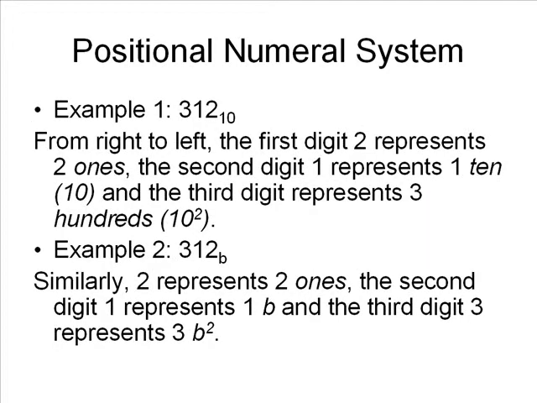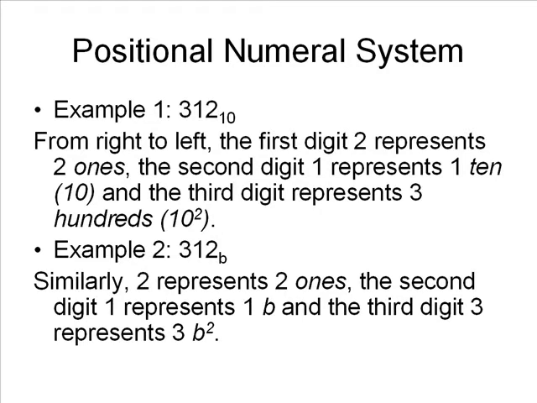In the positional numeral system, different digits in different positions represent different meanings. In this example, 312, from right to left, the first digit 2 represents 2 ones.